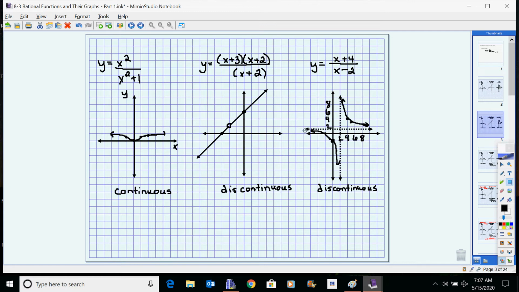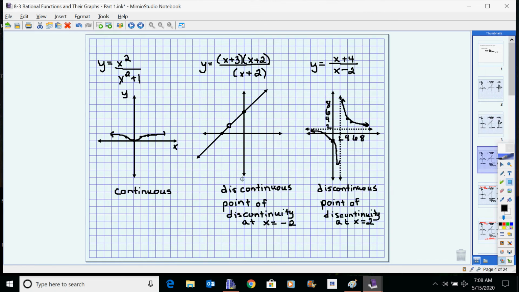Okay, this one's also discontinuous because I can't draw the whole graph by continuing on. I have to pick up and move somewhere else to be able to draw it. So we've got continuous, where you could continue to draw it, and discontinuous, where you've got to pick up and start in another place.